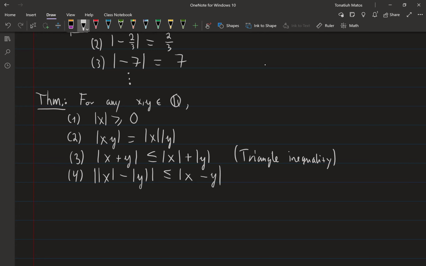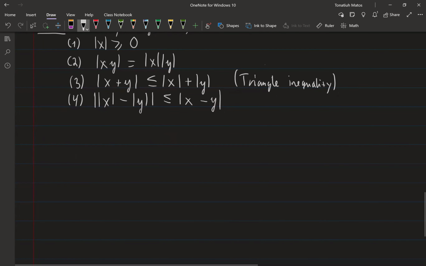But for now, I want to talk about something really interesting. So this is very important, and it's a very broad subject. So we won't have time to cover everything in detail. But of course, the idea is not to cover every single fact about Cauchy sequences.